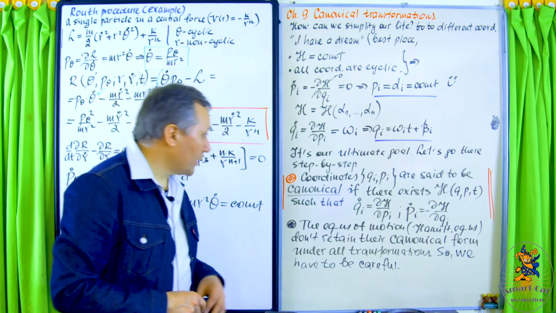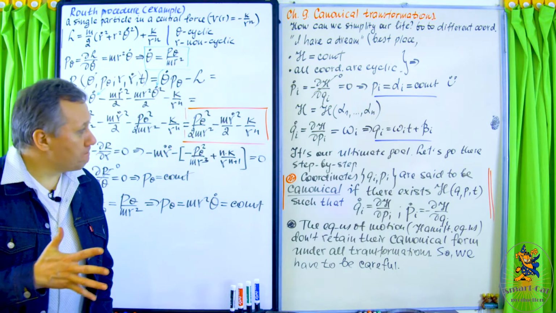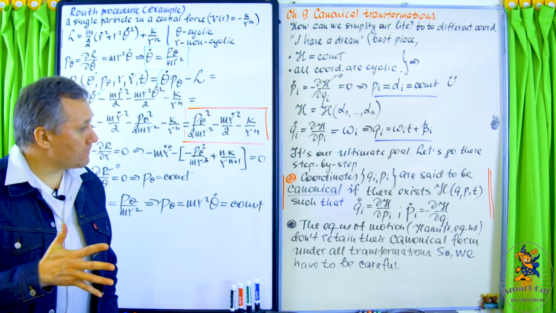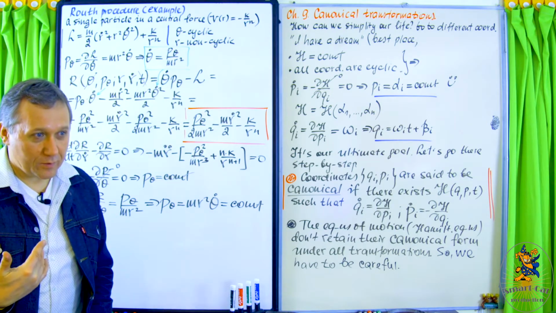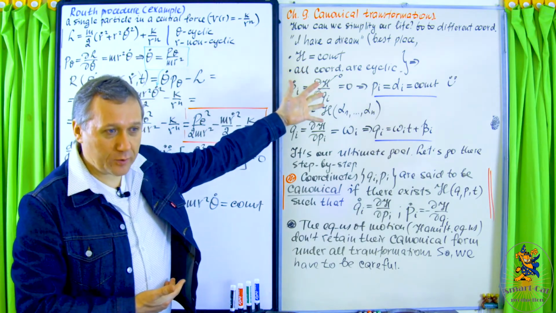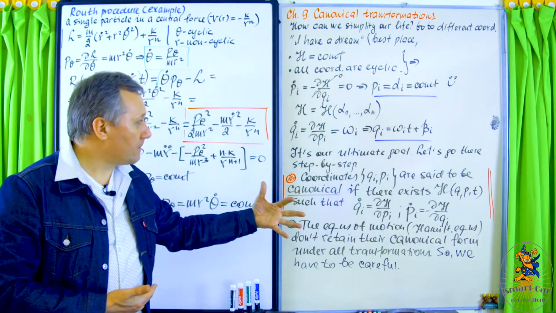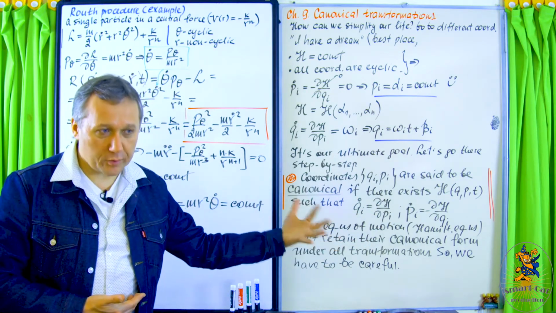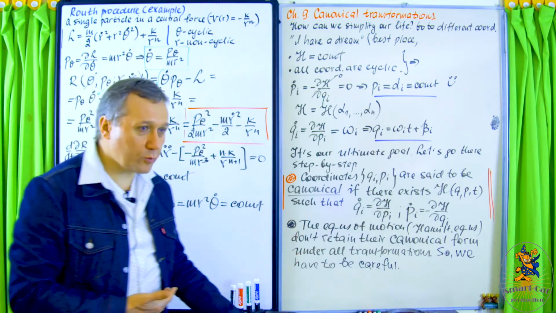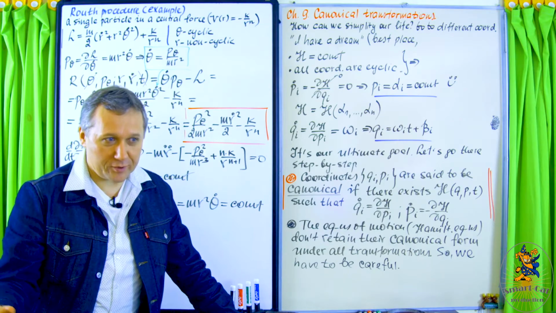Again, we want to go from the original set of canonical coordinates to a different world which is also canonical. So it basically means we don't want to go to some creepy place. Again, I usually compare with immigration.